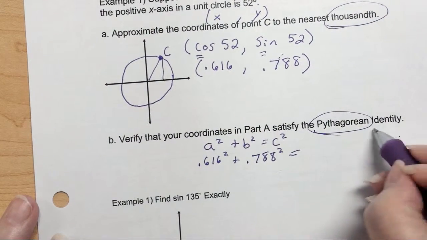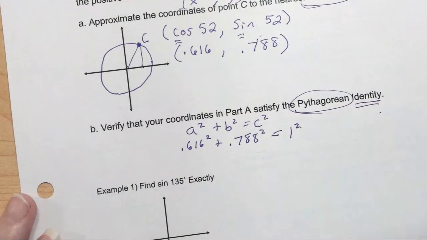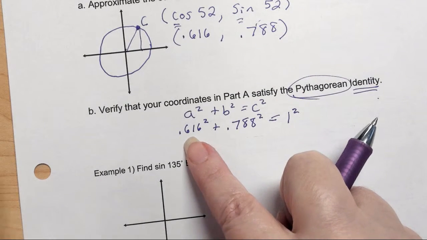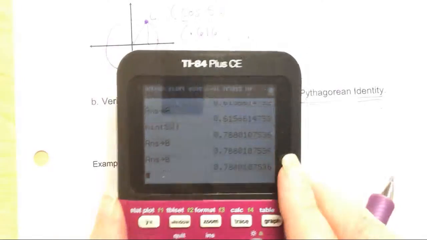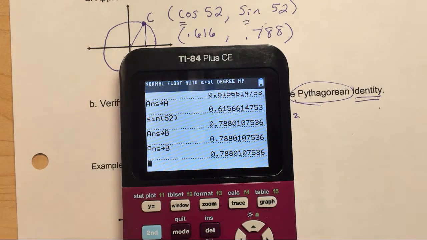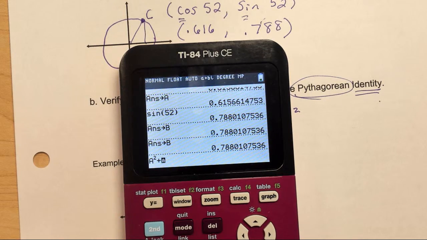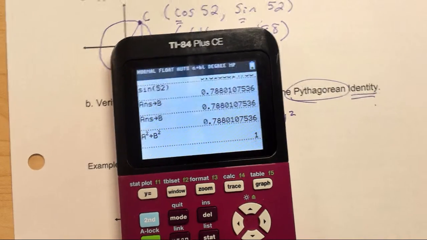On the unit circle, what is our radius at all times? 1. And that's why it's called the identity. So 1 squared gives us 1. So in our calculators, now we can just say a squared plus b squared to find out what that is, and that equals 1.